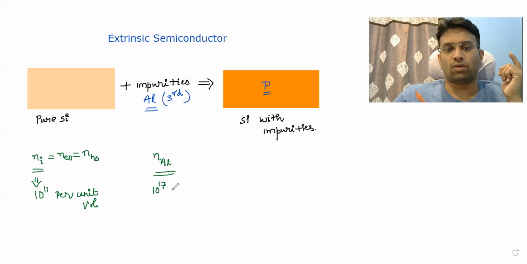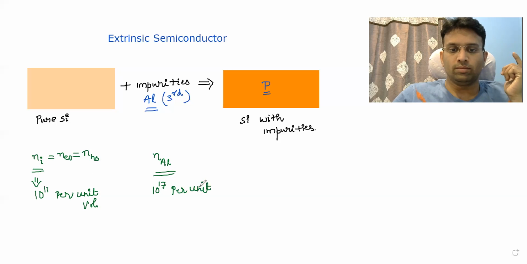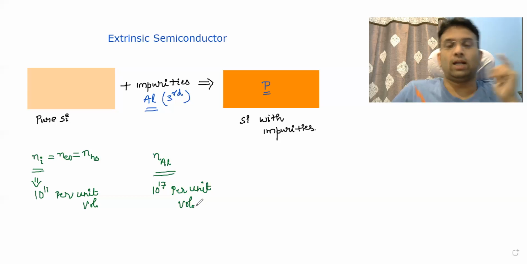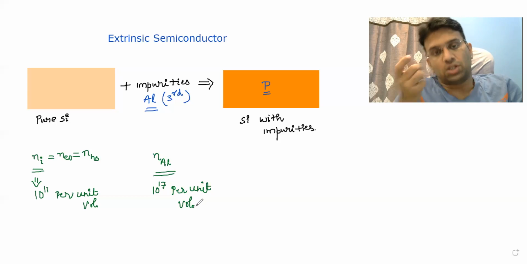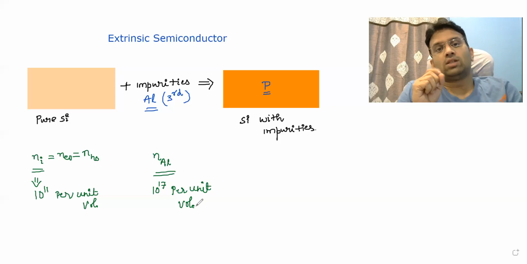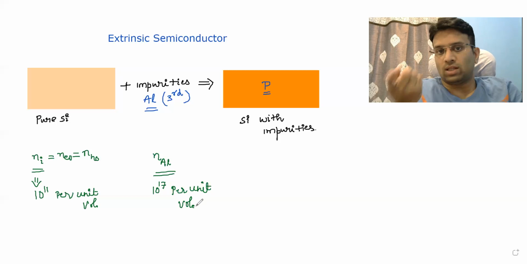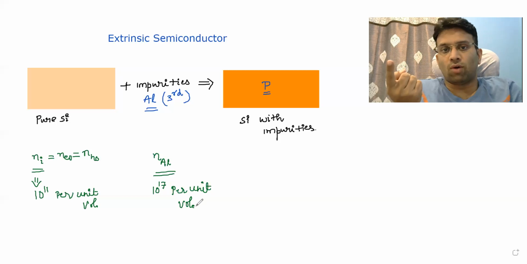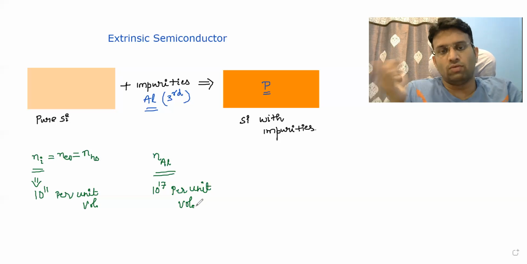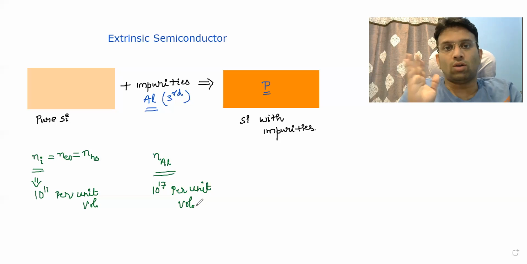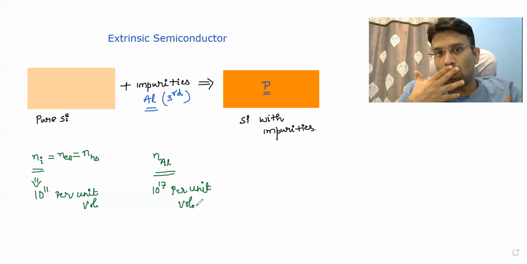It's a very simple calculation: the number of aluminum is the number of silicon per unit volume divided by 10 to the power of 6, which is around 10 to the power of 17. Again, this is not always true. This is just an example that I am giving.